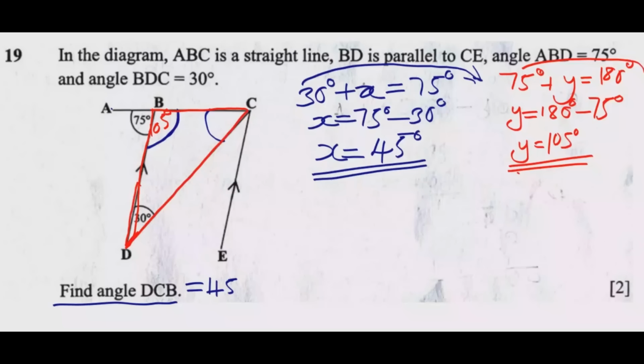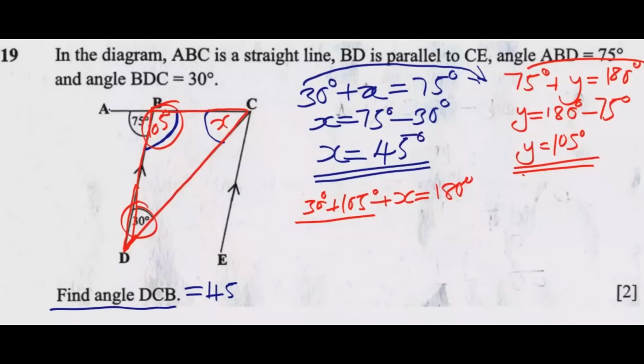Therefore, we can say 30 degrees plus 75 degrees, sorry, not 75 degrees. Where am I getting 75 degrees from? 30 degrees, which is here, plus 105 degrees, then plus x, we call this one x, gives us 180 degrees.